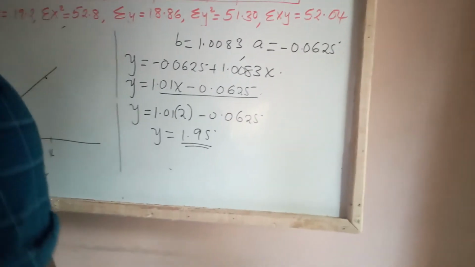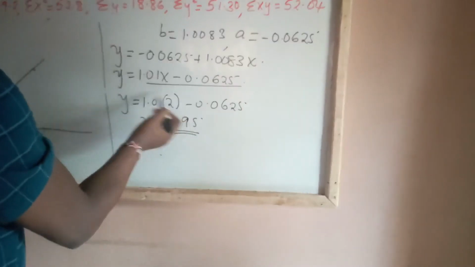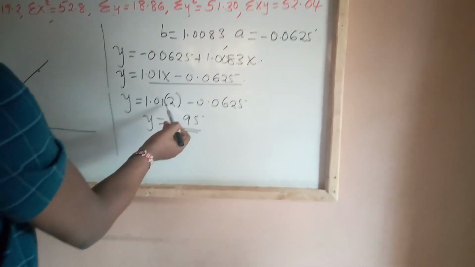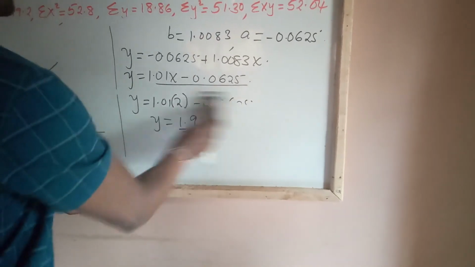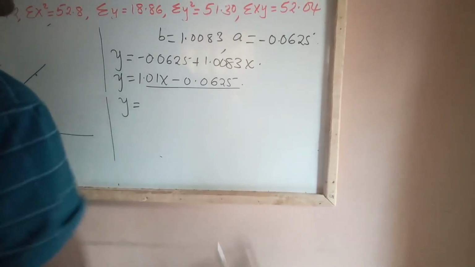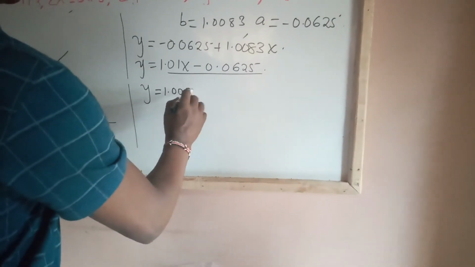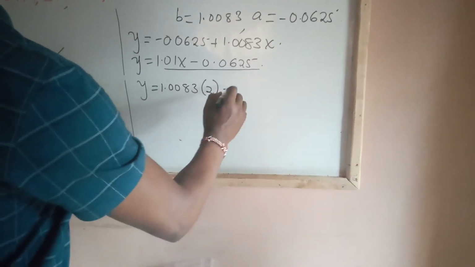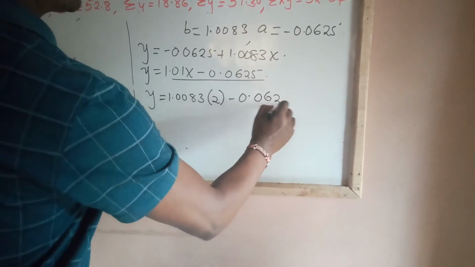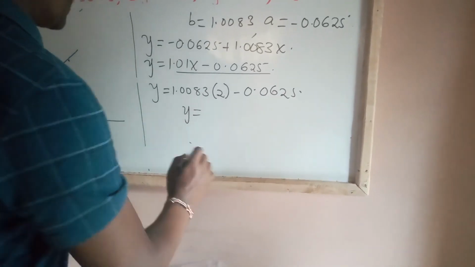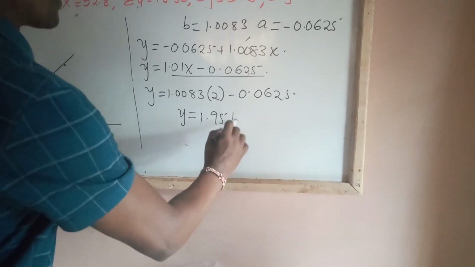It is not advisable to round off when substituting the value of 2 here. It is important to use the original value we realized, which is 1.0083 multiplied by 2 minus 0.0625, and y becomes 1.95 bar.